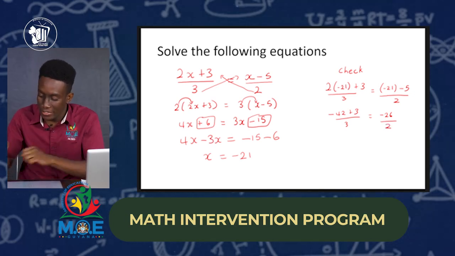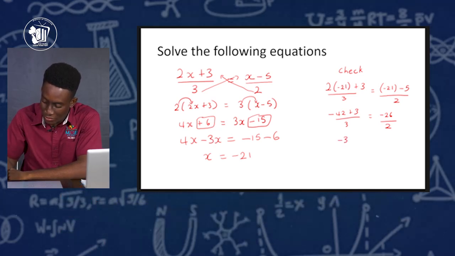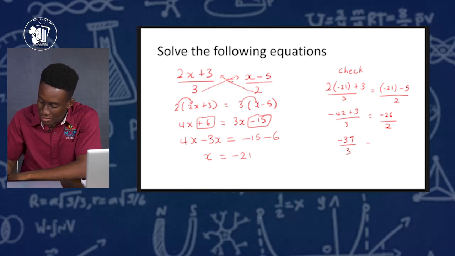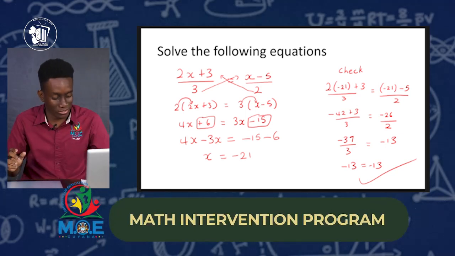And now we have negative 42 plus 3. That would give you a negative 39, all divided by 3. So negative 39 divided by 3, that would give us a negative 13. And that should be equal to 26 divided by 2 would give us a negative 13 as well. So negative 13 is equal to negative 13. So it checks out and our answer is 100% correct.